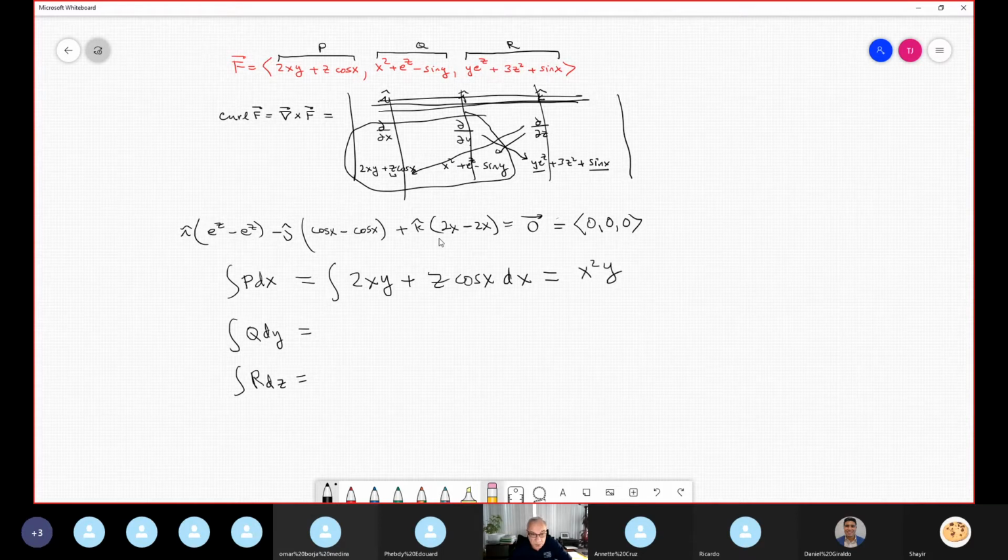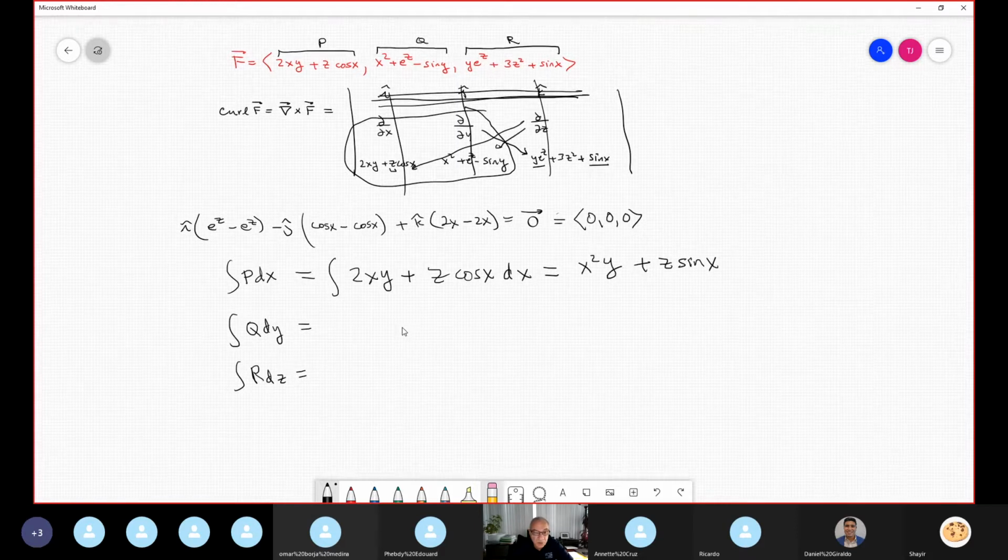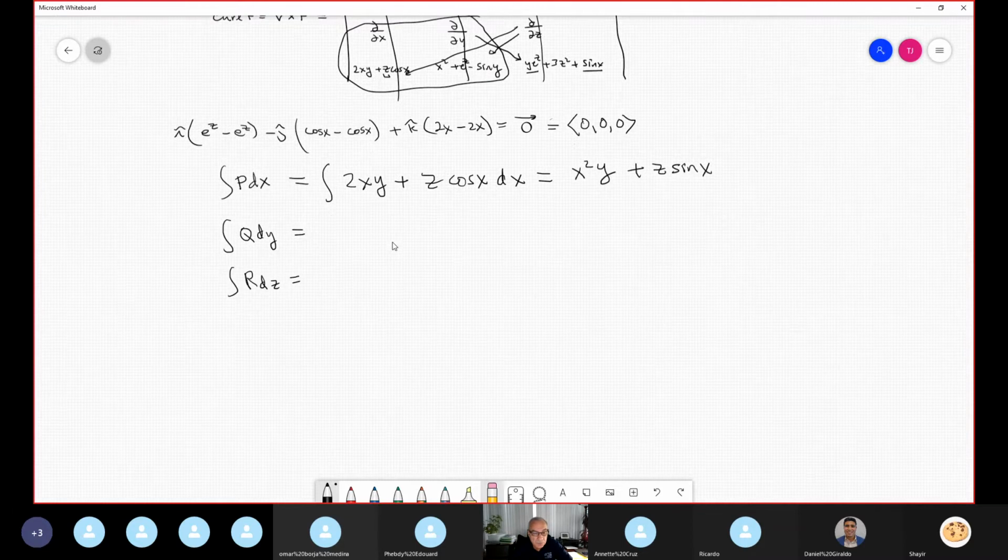Because of the power rule: increasing the exponent by 1 gives squared, times 2, the 2 is cancelled out. And the antiderivative of cosine is sine. So plus c sine x plus something I don't care about. Remember, the shortcut is you take the collection of any expression to form my potential function.